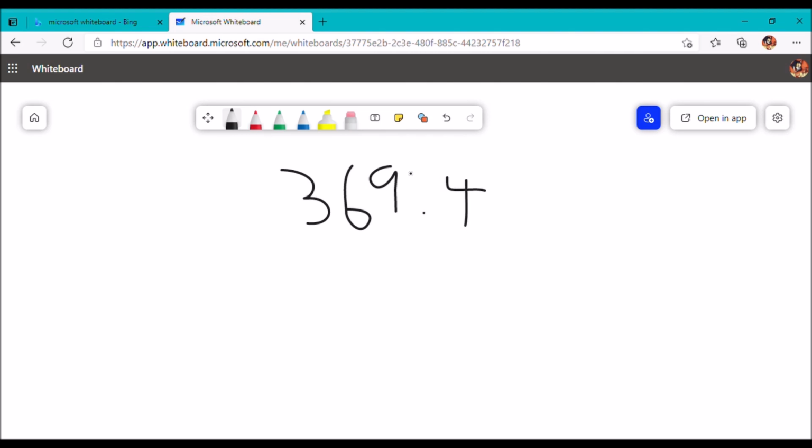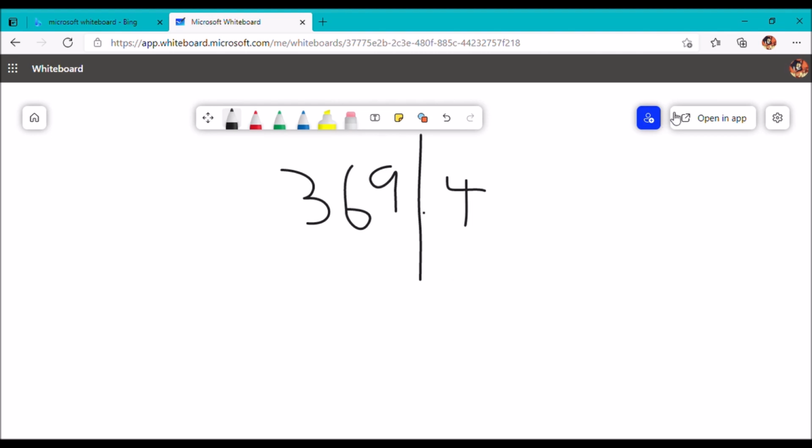So if the question says to take 3 significant figures, then we must first look at the first 3 significant figures. It is 3, 6 and 9. So we must draw a line from here. So we must see whether the right side number is less or more than 5. So it is less than 5. So we must not add a number.